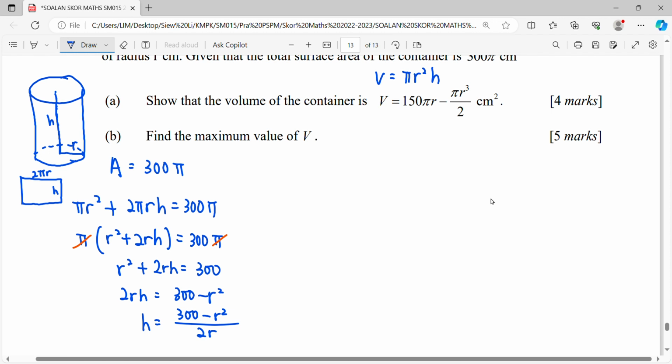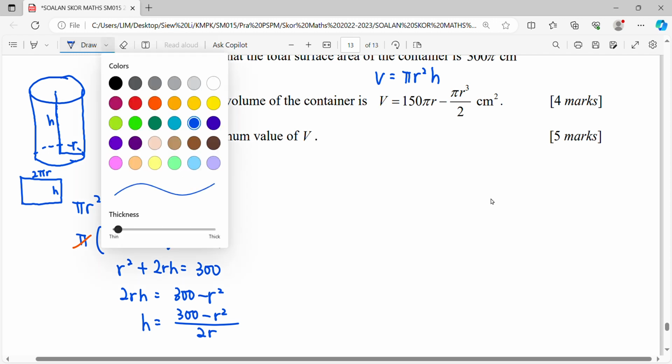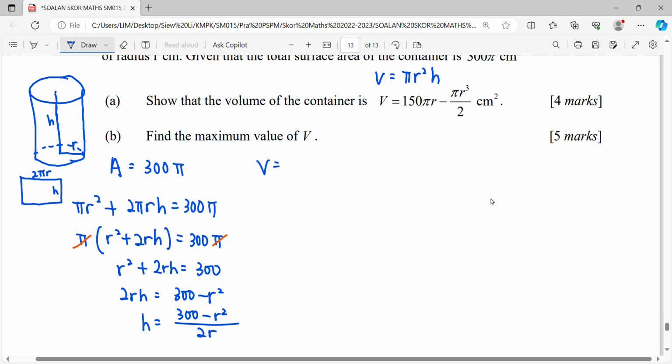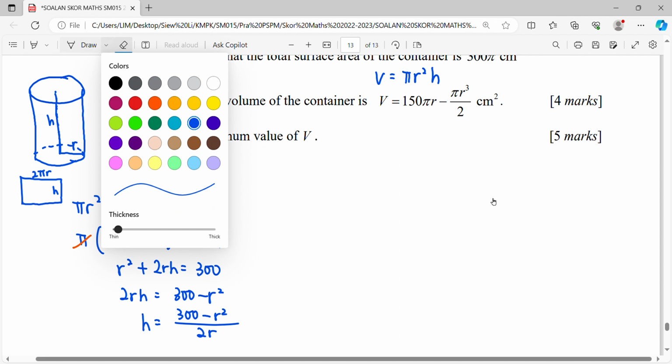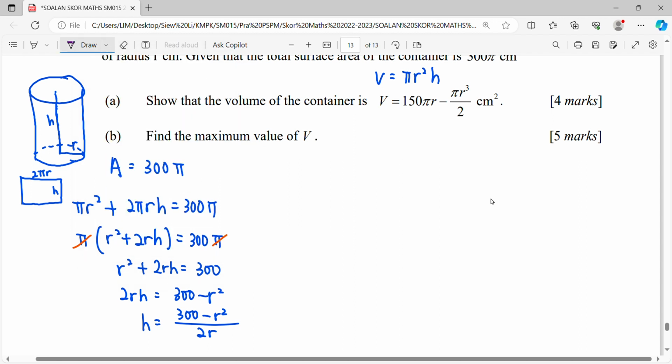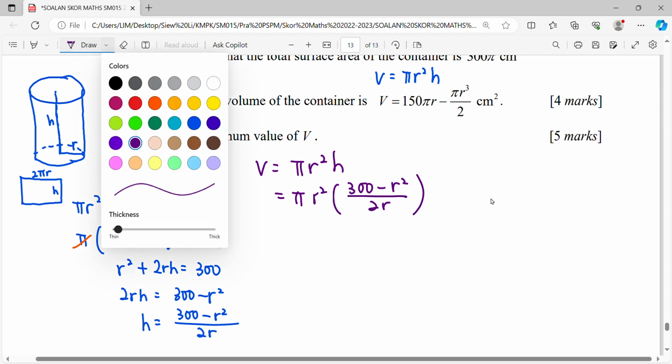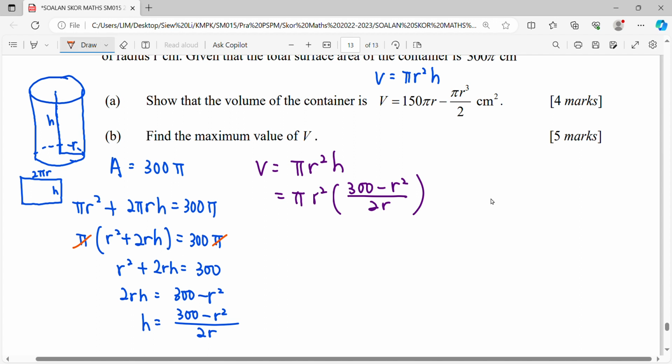Then finally we can proceed to the volume of cylinder. As we know, volume of cylinder formula will be pi r square h. So from here we can substitute the h, which is 300 minus r square over 2r. And you can notice that the r can be simplified.